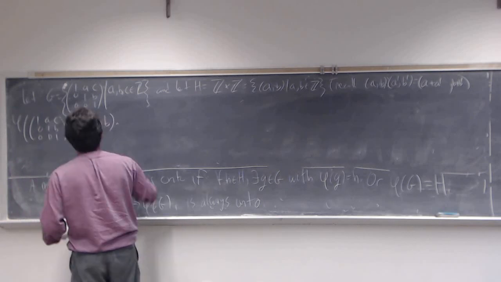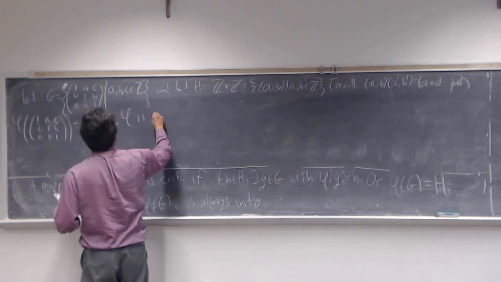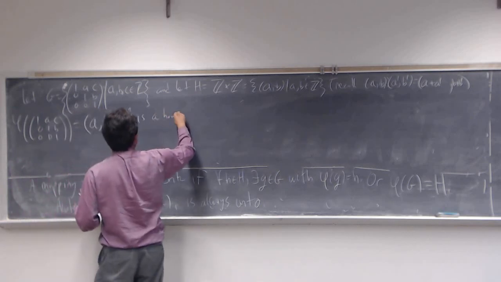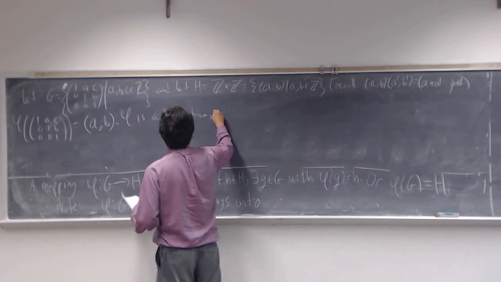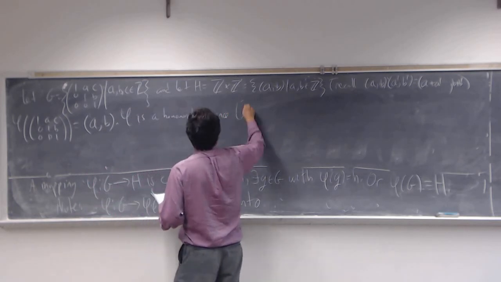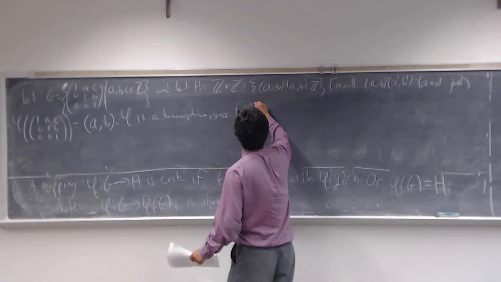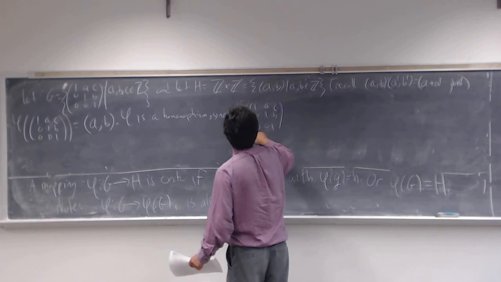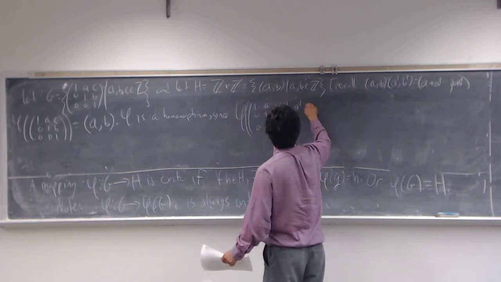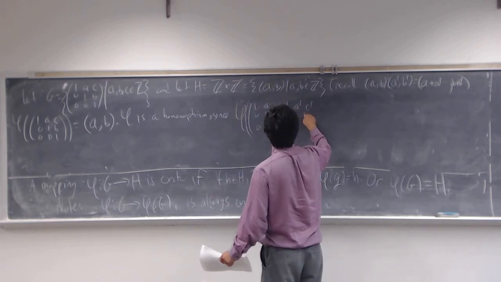So we want to check that phi is a homomorphism. Why? Well, let's look at the product of two elements. That's one element, and the second element, we might have an A prime, C prime.